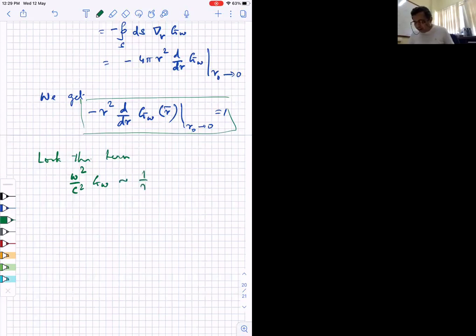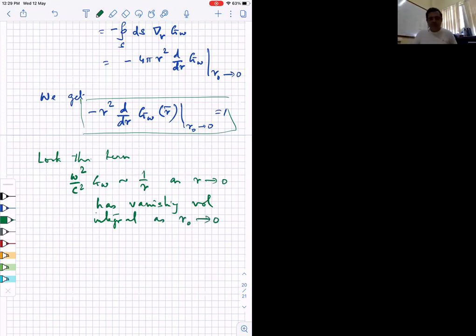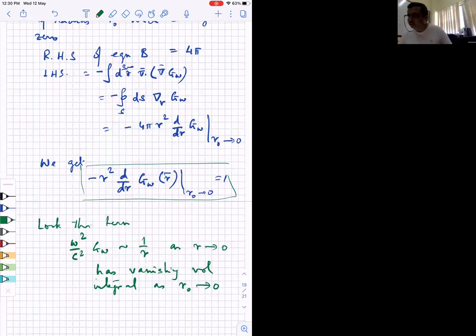This goes as 1 by r as r goes to 0. So this has a vanishing volume integral as r naught goes to 0. So that does not contribute.